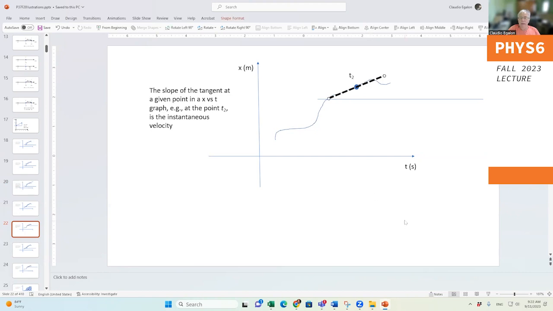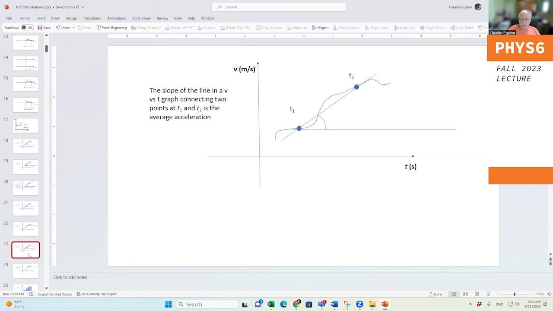Here I'm illustrating the tangent. I don't think I need the other ones. Let's erase that stuff.